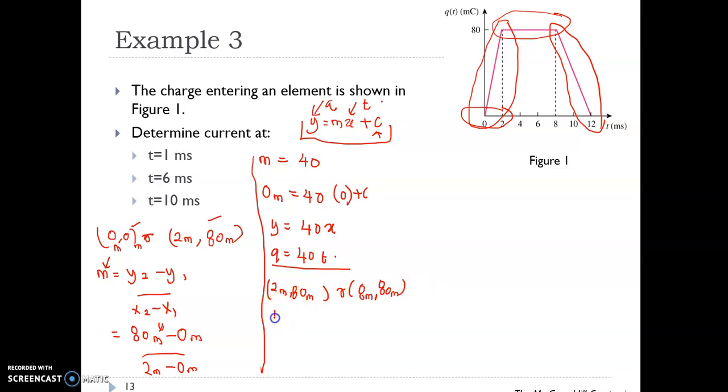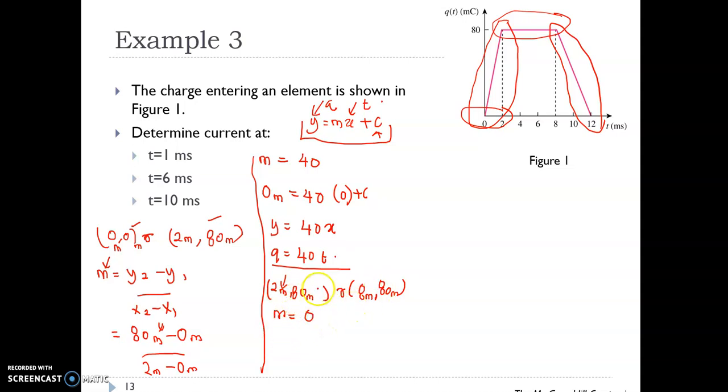Okay, from here, your slope m, you can use either term for m, but bear in mind, this is different from this, because this m is in milli, the unit for the charge and current. Okay, so in this case, your m is equals to 0, because 80 minus 80 is 0.